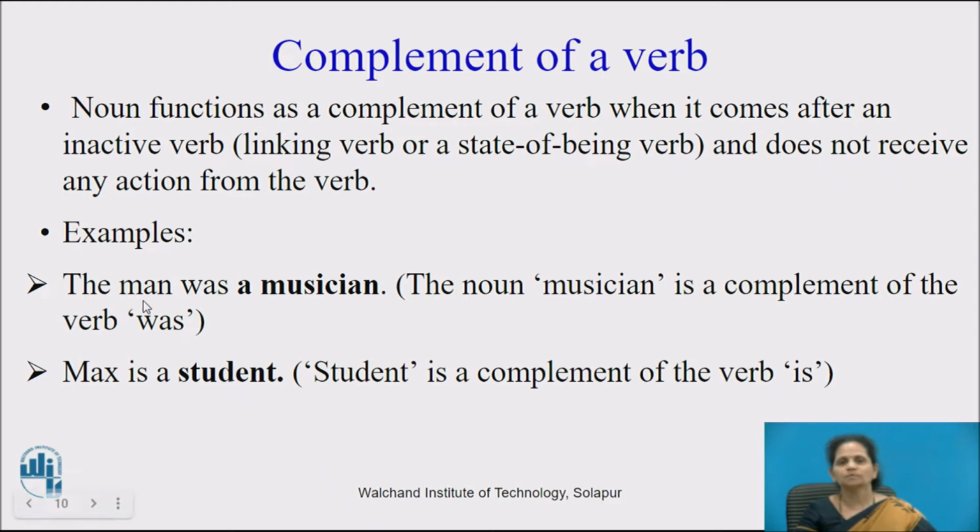So, the noun musician is a complement of the verb was. Here the verb was is a linking verb or a state of being verb. See the second example. Max is a student. So, student is a complement of the verb is. So, the noun also works as a complement of a verb.